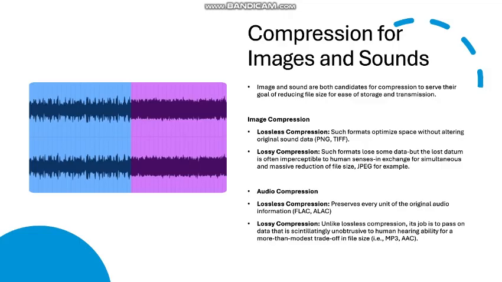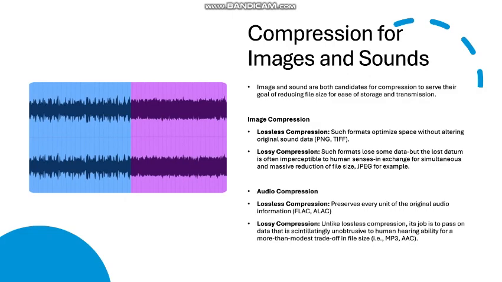Compression of images and sounds. Images and sounds are both candidates for compression and serve their goals: to reduce file size, making files easier for storage and transmission. Image compression. Lossless compression: such formats optimize space without altering the original data, for example PNG, TIFF.